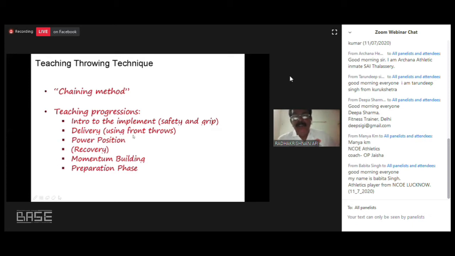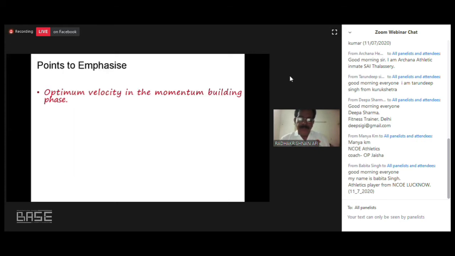Then of course recovery, because when we are delivering, the recovery also comes in. After that, we will be teaching momentum building, and then the preparation phase. This is the style of teaching throwing technique by the chaining method.